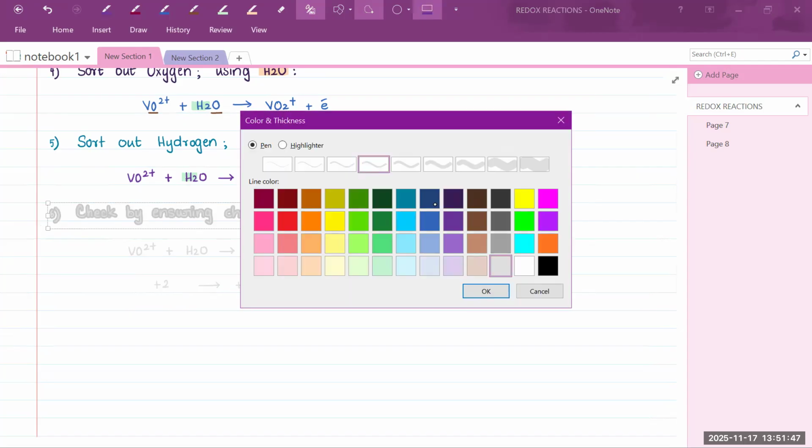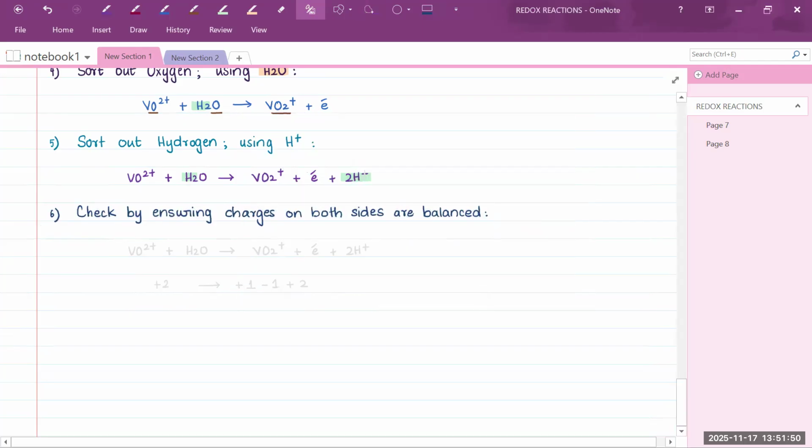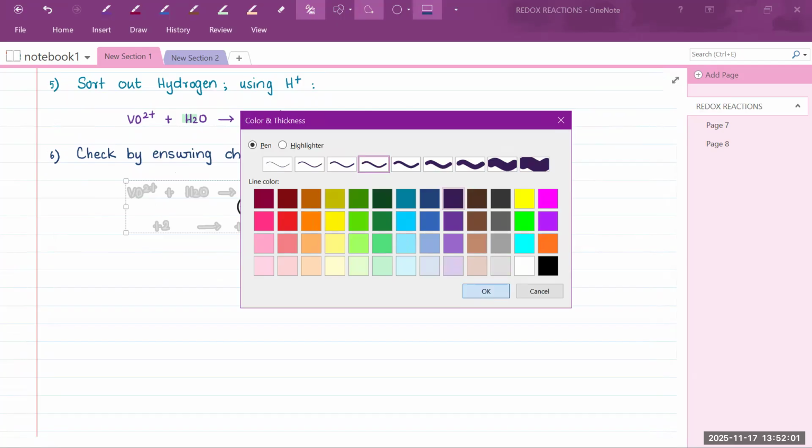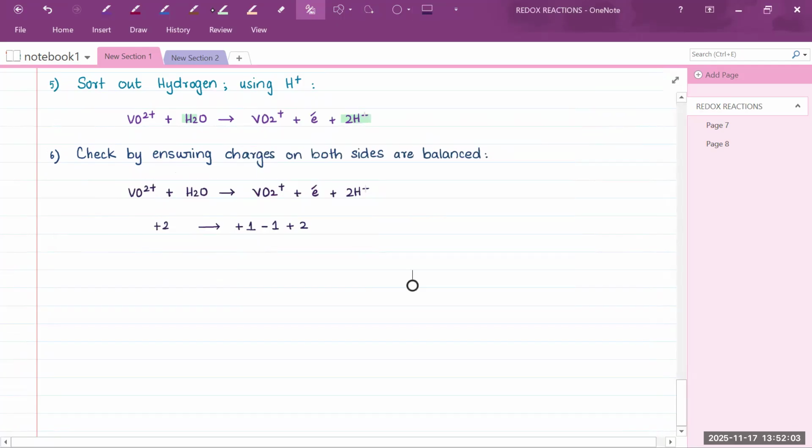Now we have done so much, the charges should be balanced, by the way. So we do it. We can see that we have VO2 plus. H2 is a stable compound, and a stable compound has oxidation number 0. Then we have VO2 plus, this charge is plus.